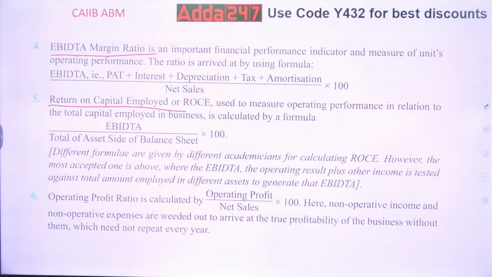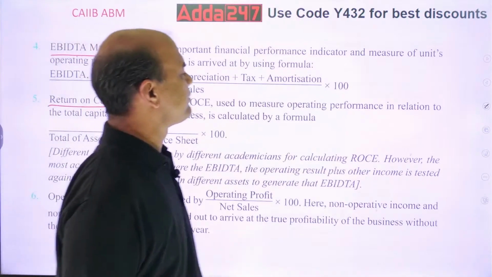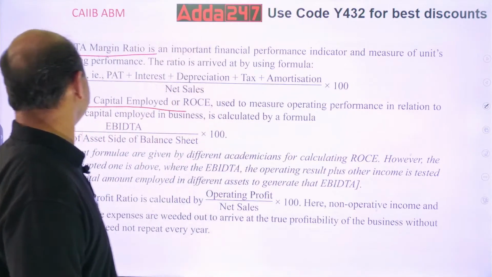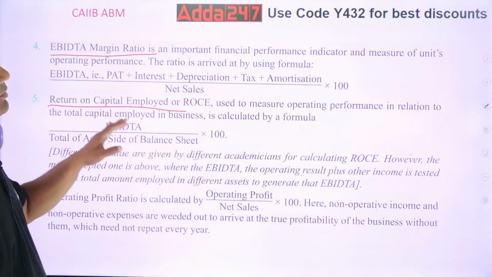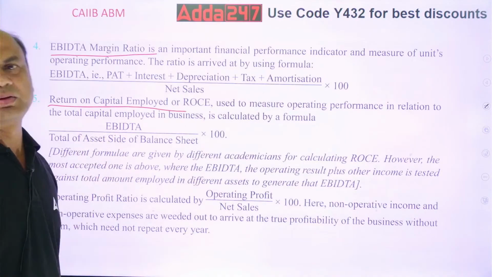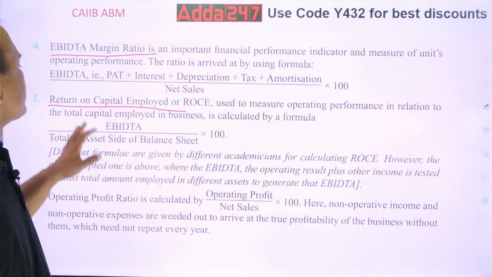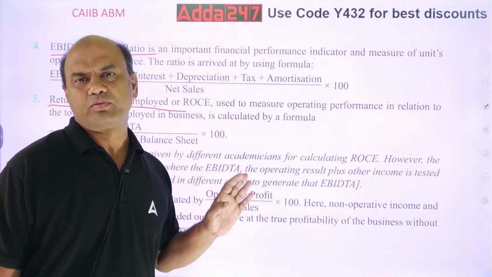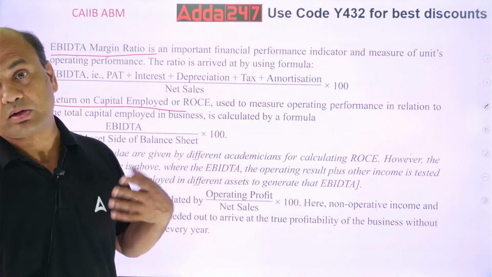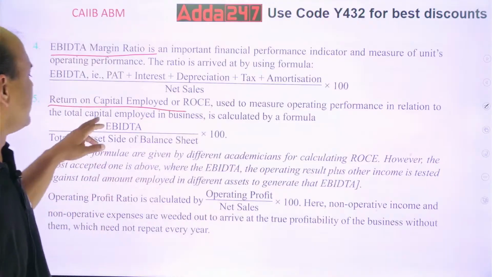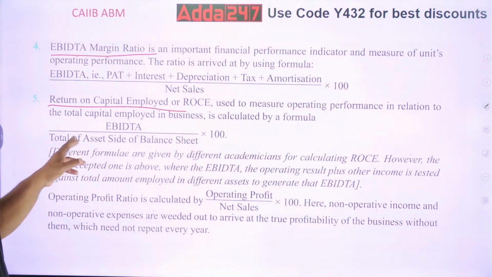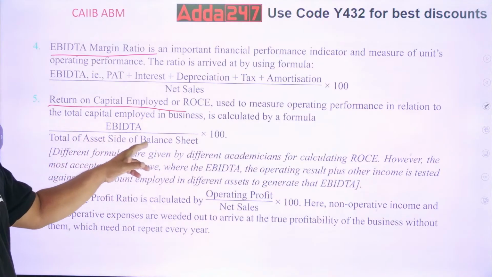So return on capital employed is also called ROI. It is used to measure operating performance in relation to the total capital employed in the business and is calculated by the formula. So what is the ROCE formula? Return on capital or return on my investment: EBITDA divided by total of the asset side of the balance sheet.